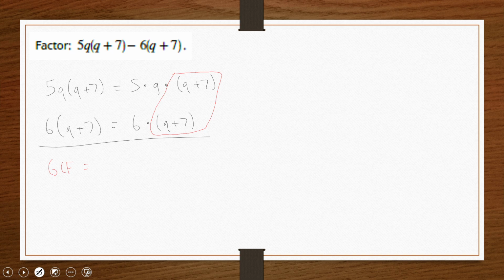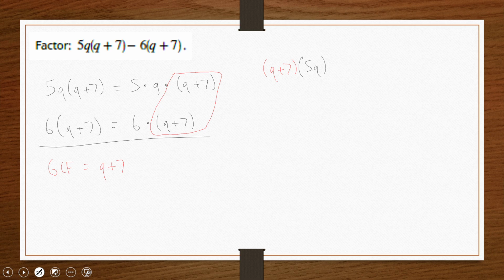So we'll see how this might look in a slightly different scenario, but the idea here is that you want to understand that your GCF doesn't have to be just a single term, and that trips people up a lot of times looking at these types of problems. So my GCF of q plus 7 means that when I rewrite each of these terms as the product of the GCF and the sum of the remaining factors, it's going to look something like this.